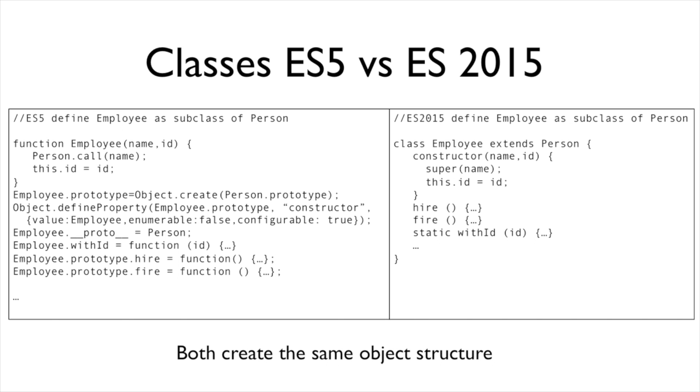And so that's what ECMAScript 2015 classes do. It simply implements the model that's always been there. So that's why I say JavaScript is the language that had the largest influence on ES6 classes.